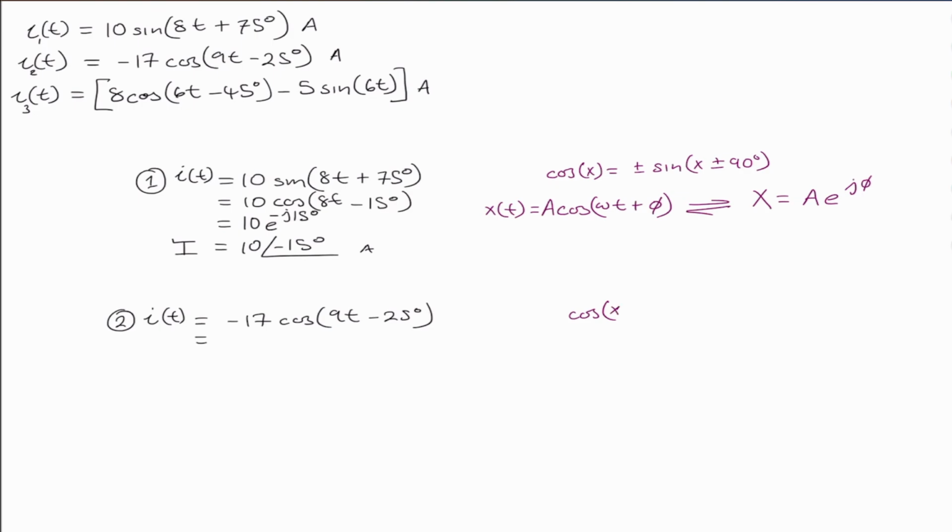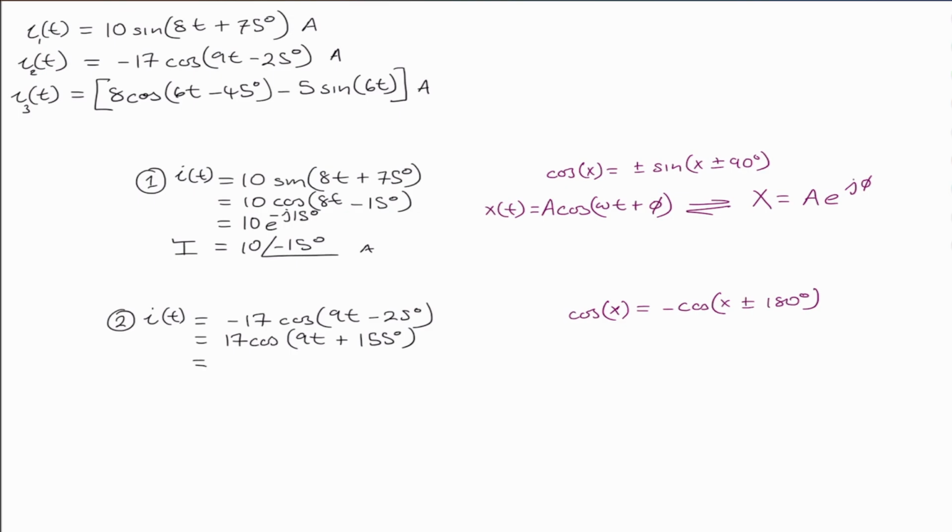So negative cosine of x equals cosine of x plus or minus 180 degrees. Here, our angle is negative 25, and we want a positive cosine. Keep our omega t, and 180 minus 25 is 155, so we end up with a positive angle of 155 degrees.